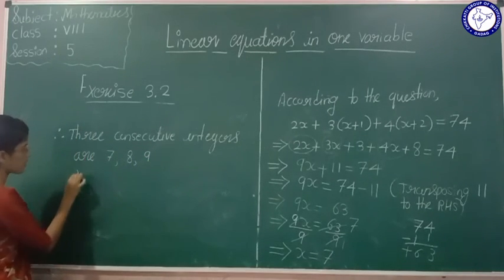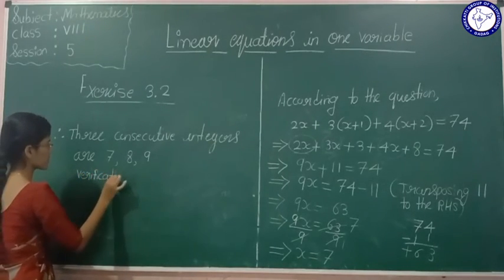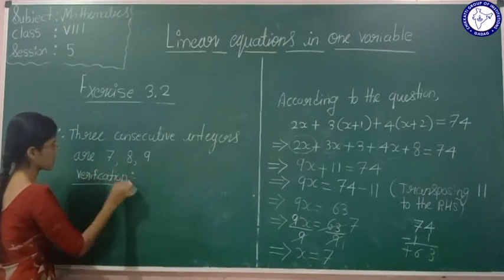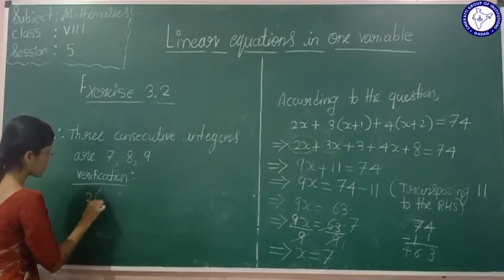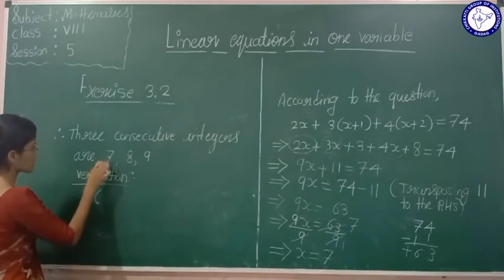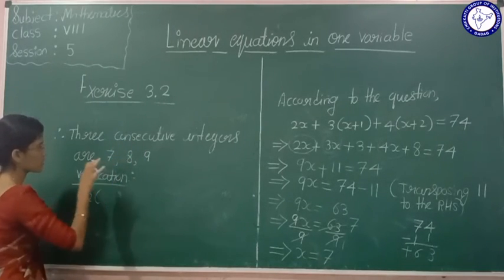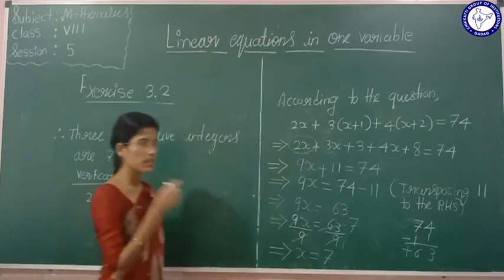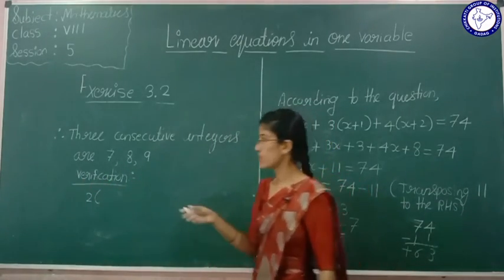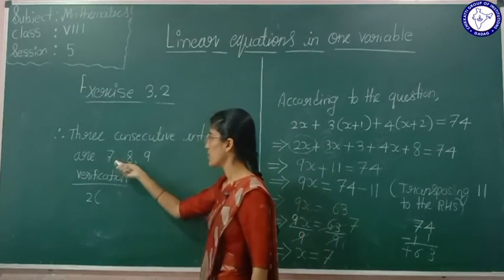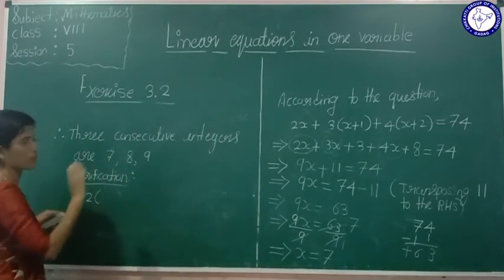Now we will do the verification. First they told the 3 consecutive integers are in increasing order, and for that increasing order we have to multiply by 2, 3 and 4. Their addition is going to be 74.